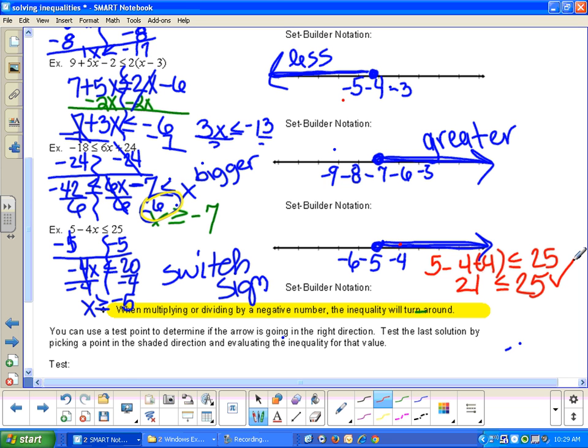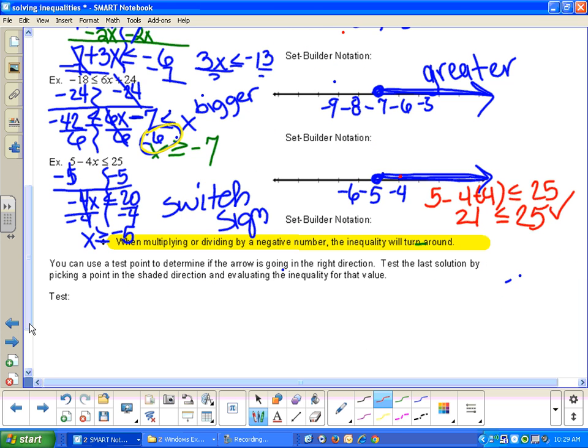That's a true statement. Now, if you didn't switch it, if you left it this way, I'm going to write it down here. If we pick a number less than or equal to negative 5, like say negative 8, plug it back in there and let's see.